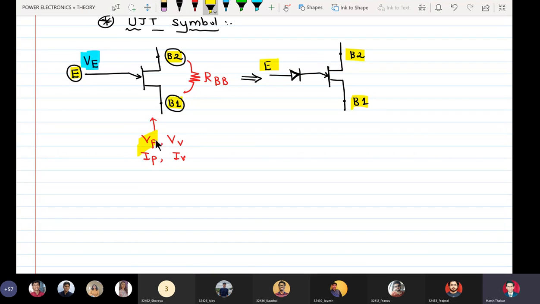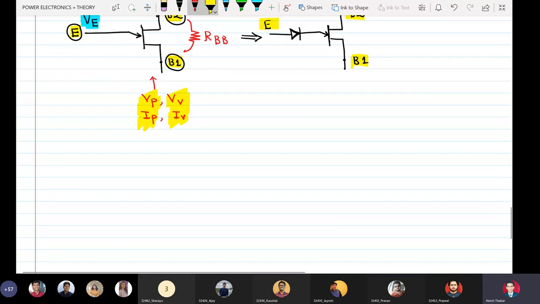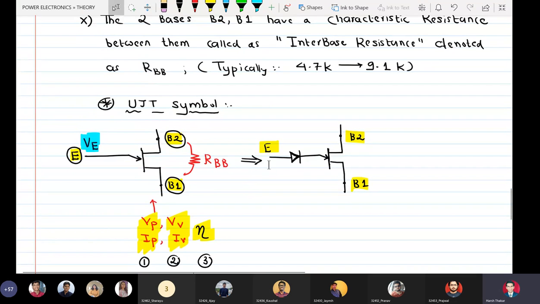So this is one pair, peak point voltage and peak point current. Another pair is valley point voltage and valley point current. And we also have the intrinsic standoff ratio, which is the third parameter. And what I apply here is my bias voltage VBB.